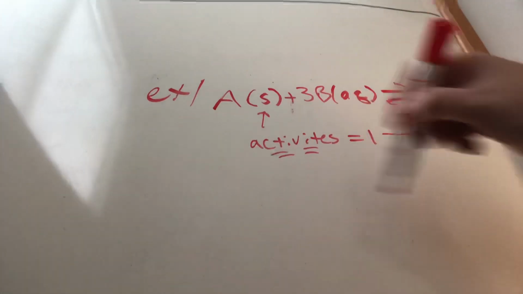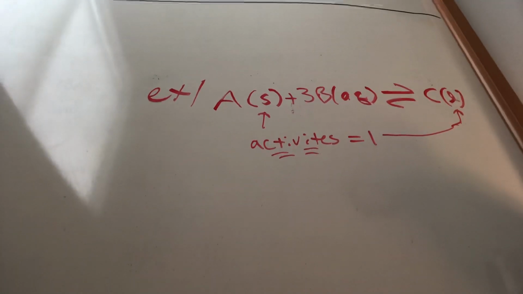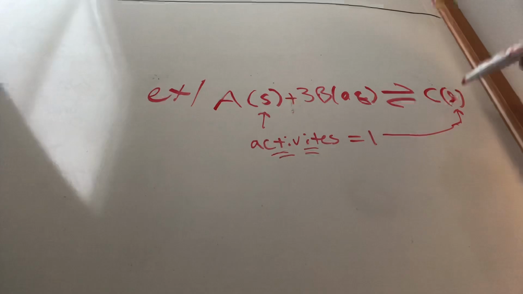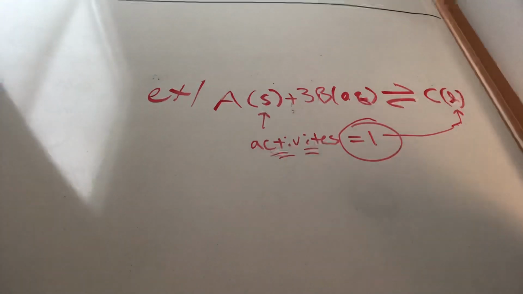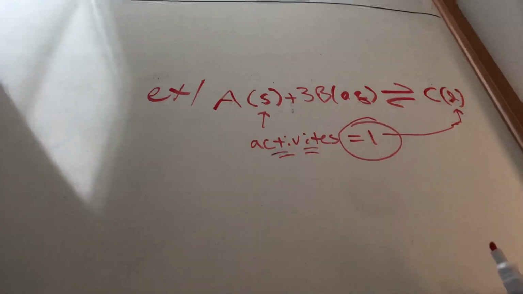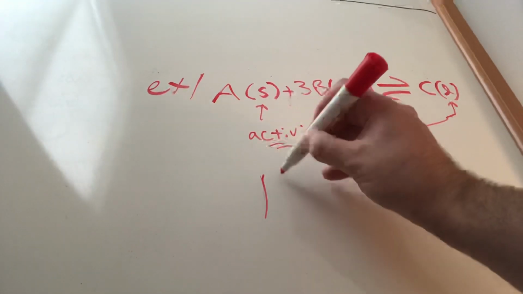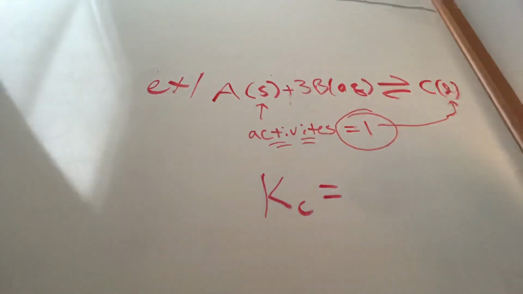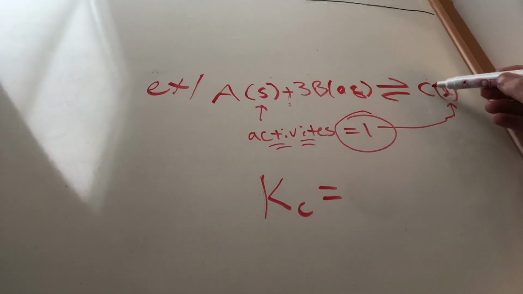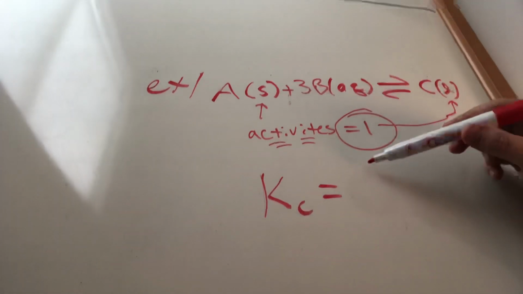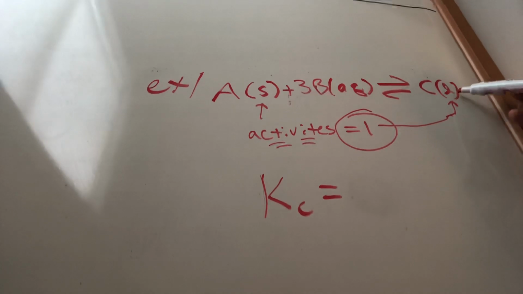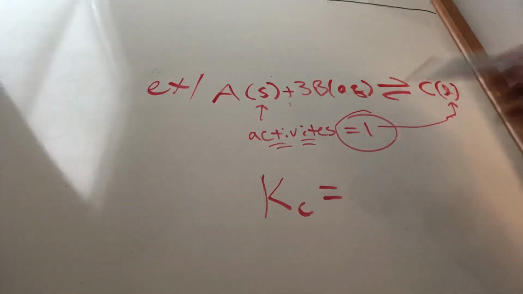What this means is that when we build our K expression, whenever you see a solid or liquid, you just replace it with 1. So if I think about making our Kc for this situation using concentration, I would normally put the product here and raise it to the first power, but I notice it has a state where its activity is 1.